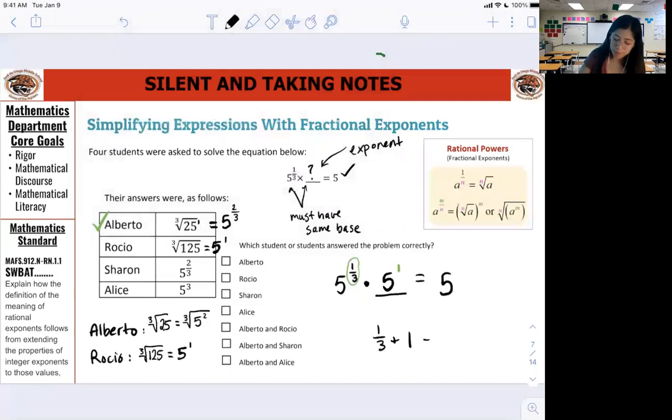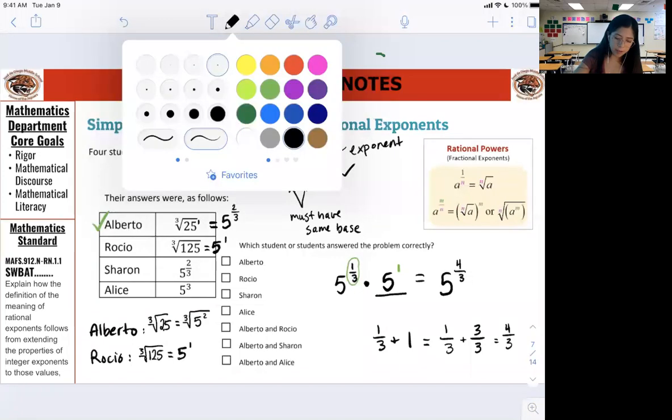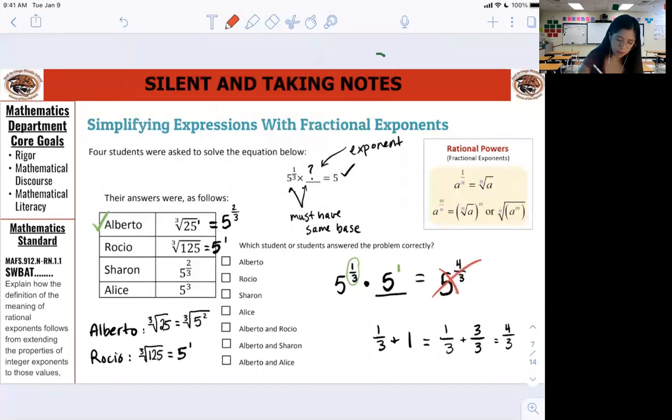This is 3/3. We need to make it the same denominator to add them, right? So I see Juan put that down. 4/3 is what we end up with, which is 1 and 1/3. So that does not work out. We don't get 5. Rocio does not have the right value.